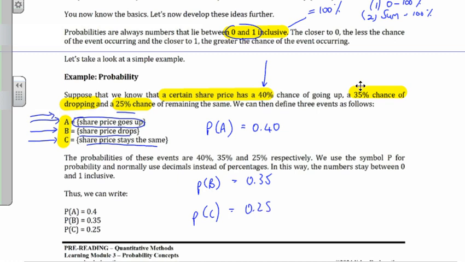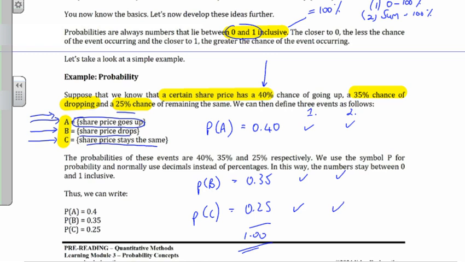Rule number 1, all probabilities fall between 0 and 100. Yes, they do. Rule 2. Is that less than 100%? Yes. Is that less? And is that less? Yes, they all fall below it. And if I sum them all together, what do I get, guys? 1 or 100%. Yes, it satisfies rule number 2 as well.